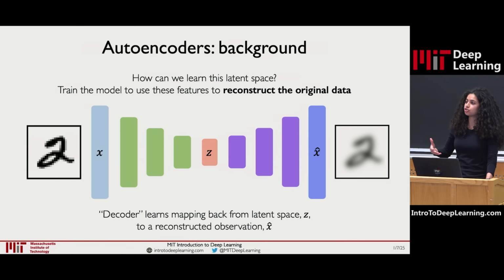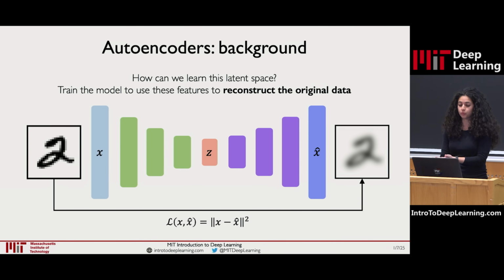Instead, what if we just try to reconstruct the input and train a neural network to go from that space of pixels of the image, down to this lower dimensional space, and then build a decoding model that can reconstruct the original image from that latent space. Now here, we can compare this original input to the reconstructed output and train the network by simply minimizing the distance between the inputs and that reconstructed output.